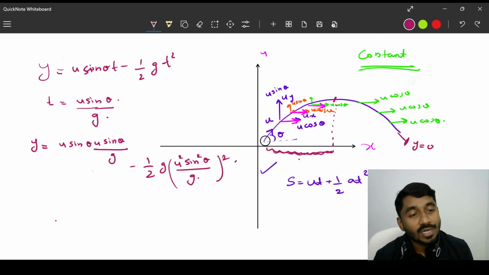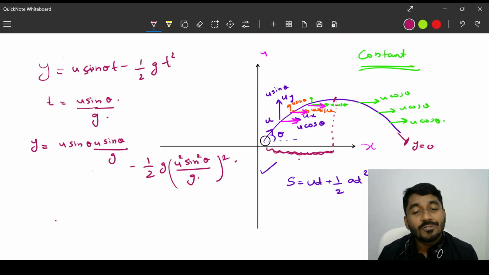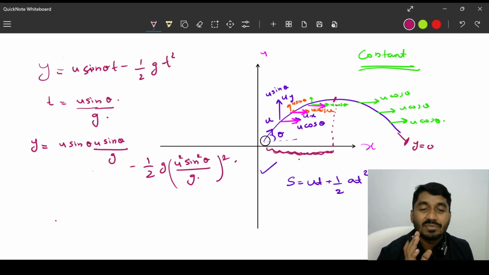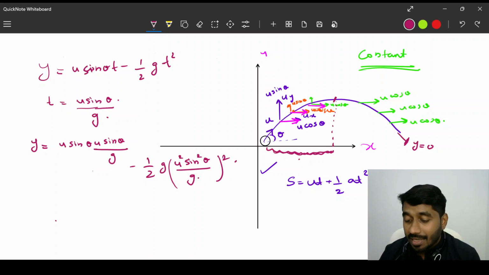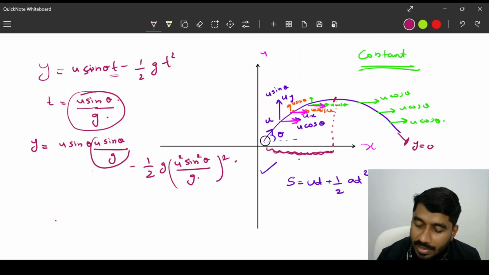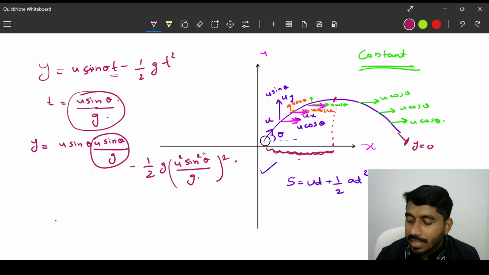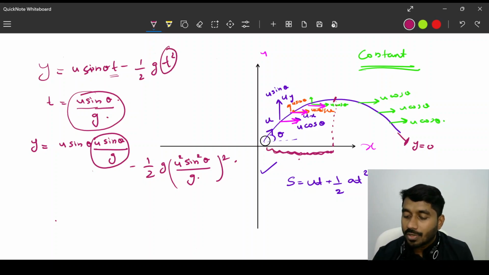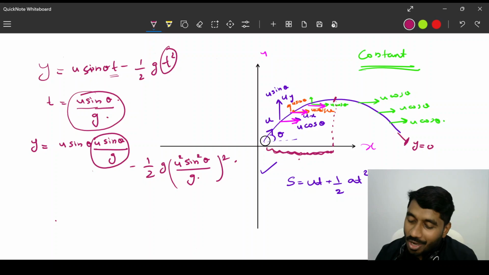What we did actually is substitute the time to reach maximum height, half of the total time, so in the place of t, I substituted u sin theta by g. We got u square sin square theta by g square.